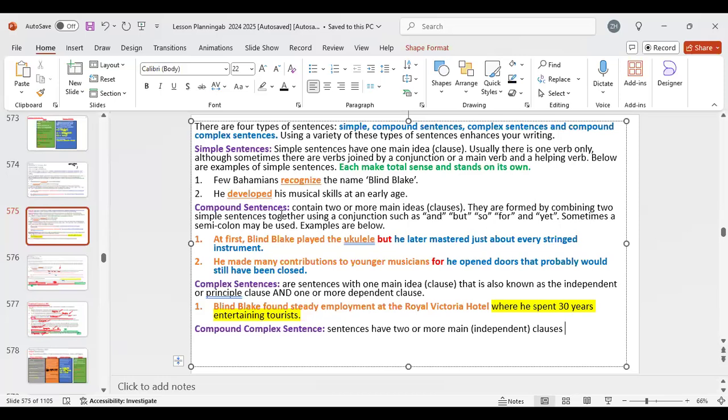Remember, compound sentences have two or more independent clauses, right? But they also added on top of that one or more dependent clauses. So it's basically a combination of compound and complex sentence. Let me give you an example.